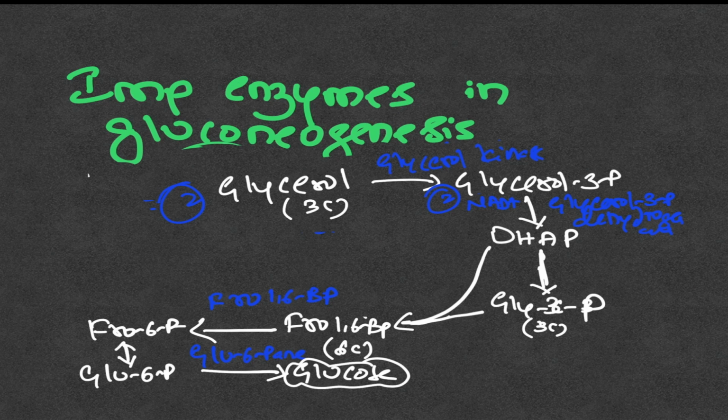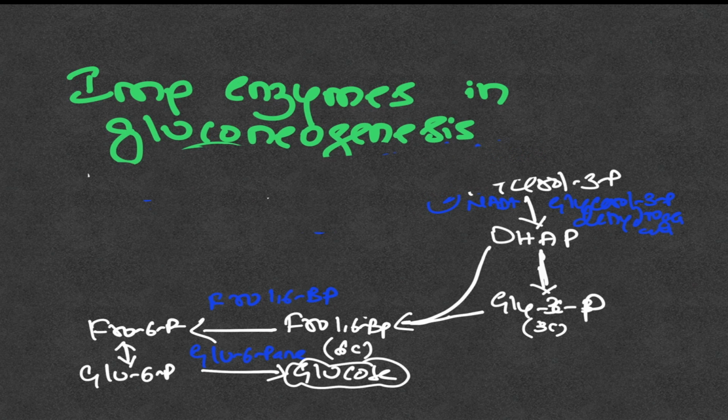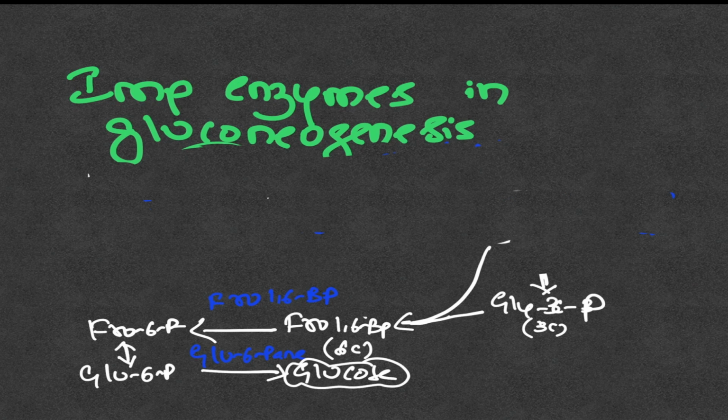Now, let us see our last molecule, that is conversion of propionyl CoA into glucose molecule. So, what are all the enzymes that are needed in the conversion of propionyl CoA into glucose? For that, I already explained how propionyl CoA enters into the gluconeogenesis process in the previous reaction.